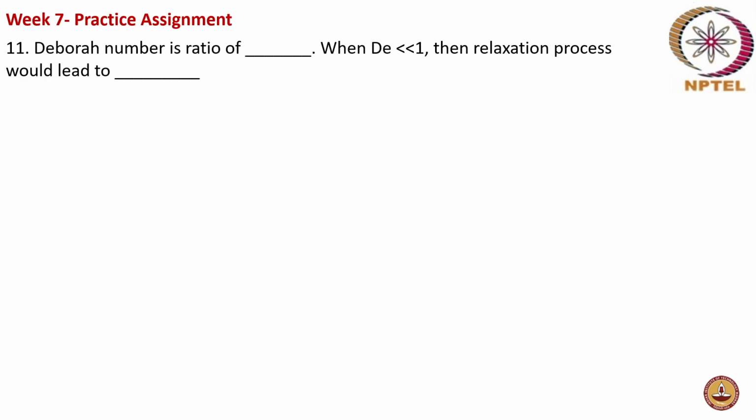So the first part is asking what is Deborah number, what is the definition of Deborah number, and when the Deborah number is very, very small, very much less than 1, since it is a ratio, then the relaxation process would lead to what type of behavior, whether it leads to an elastic kind of behavior or viscous like behavior. This is the question.